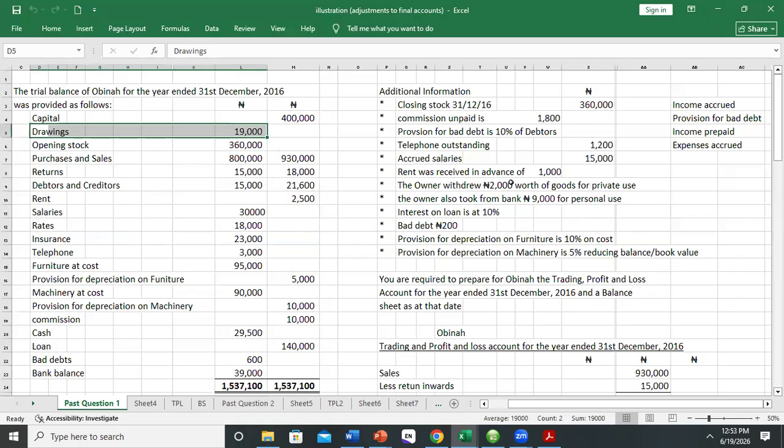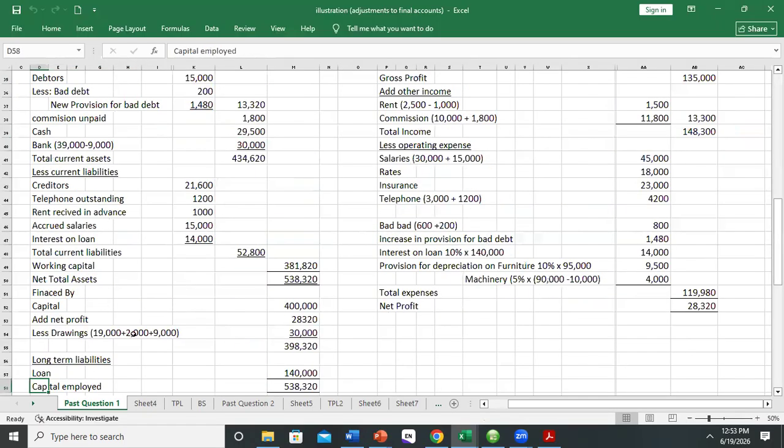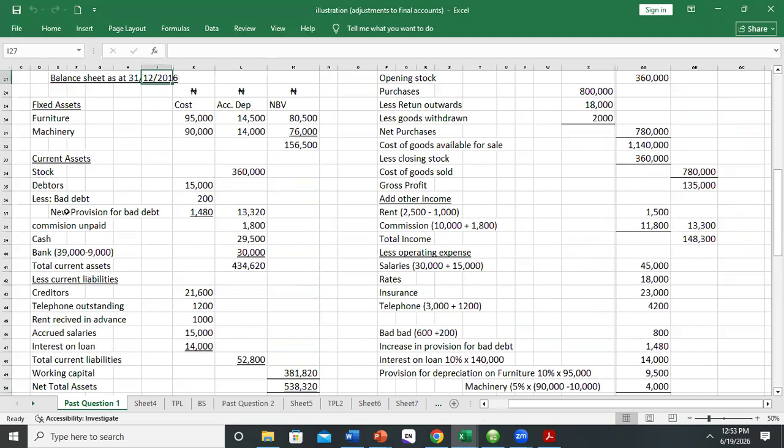He took goods, he took cash, we add all together. In the balance sheet, drawings are the 19,000 plus the 2,000 goods plus the 9,000 for bank. And then under current assets, you see that we are subtracting the 9,000 the owner withdrew for private use. So this is how you do the adjustment.